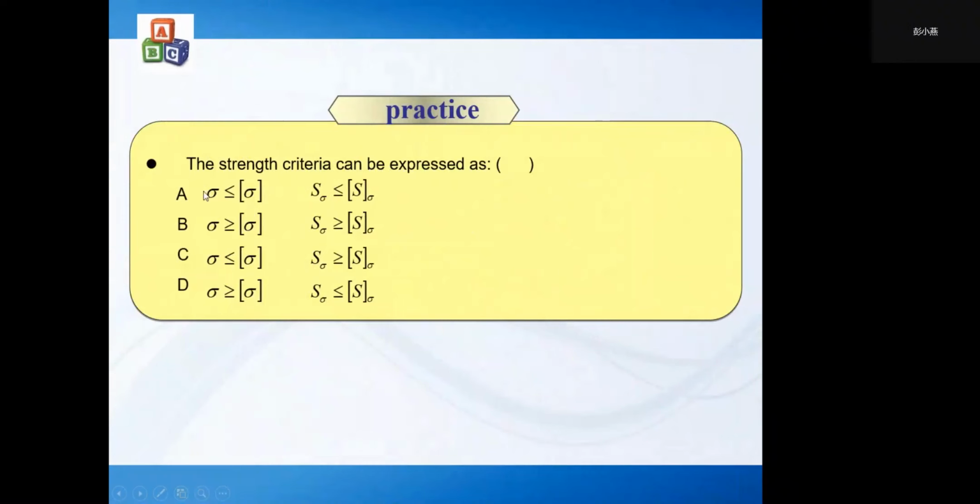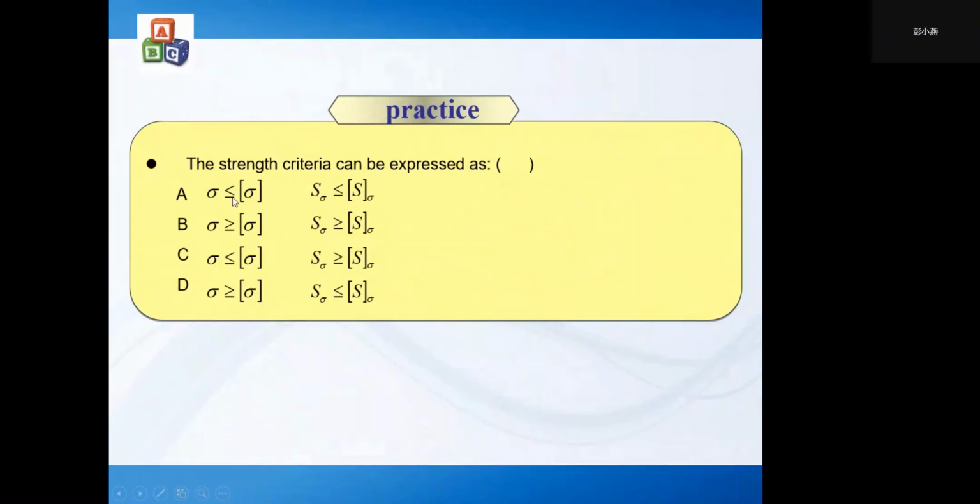A. Sigma is the actual stress applied on the element, and this is the allowable stress. So the actual stress should be less than or lower than the allowable stress.